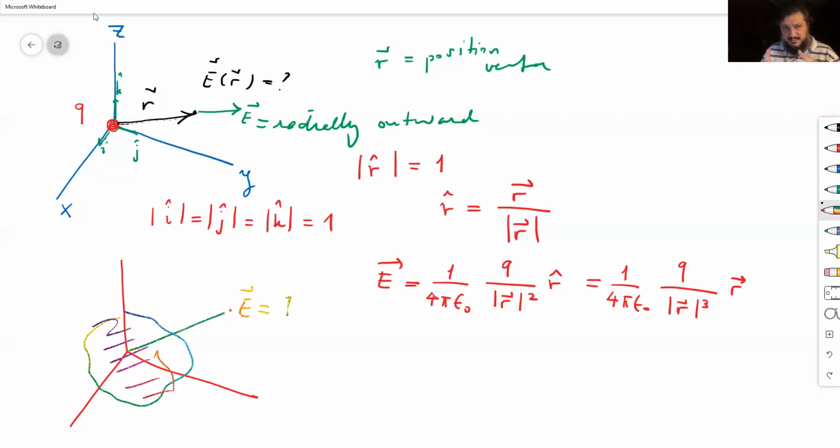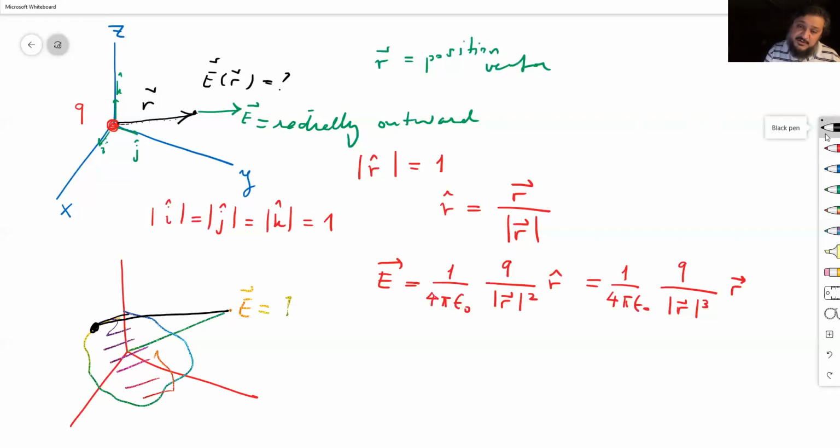Because remember the additive property of electric field, the superposition. So for instance, you have a contribution from this corner of the object, which contains some charge. Then you have to consider this distance here from that charge to the observation point.